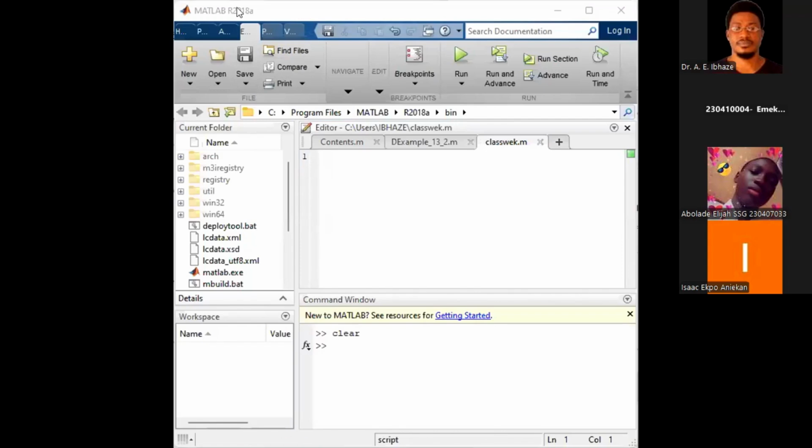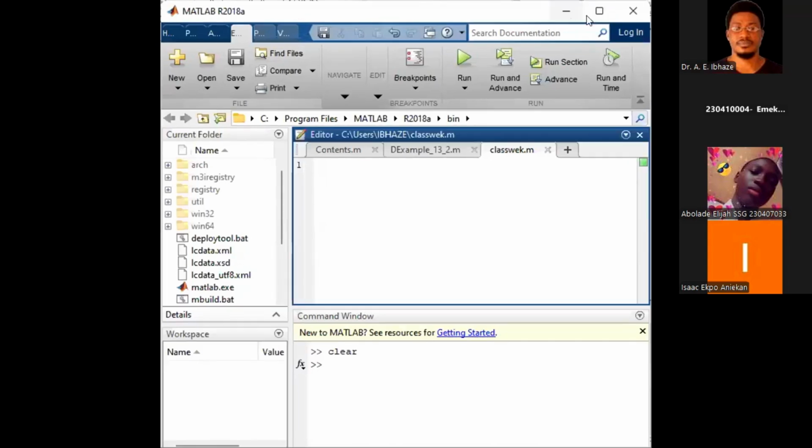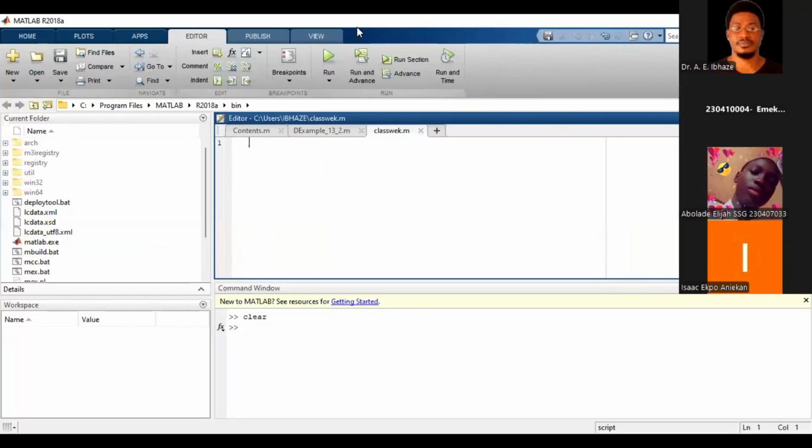Is there a way you can pass discrete time signals into continuous time systems? Yeah, you have to do some conversion. I think last session we talked about some of the models that could do those transactions. Yes, there are systems for that, but we need to do some form of transformation between those domains.